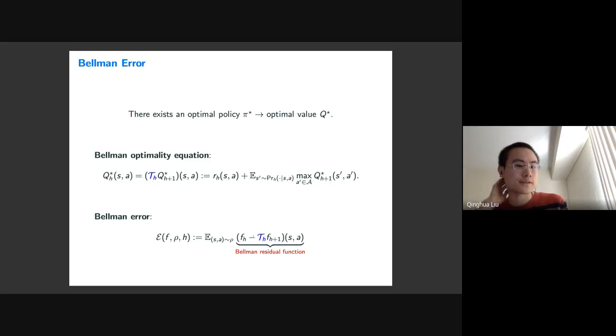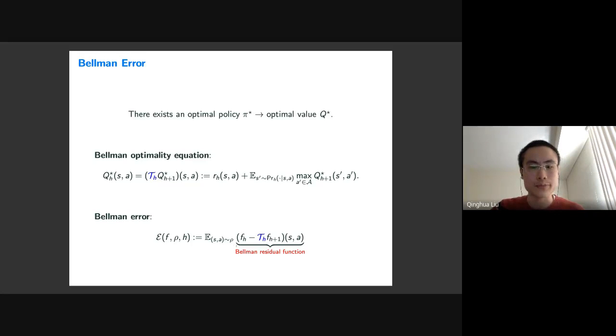So in addition to which step H we compute this Bellman residual, it's also important which function f we use and which distribution we pick here, because the Bellman residual is a function over the state action space.